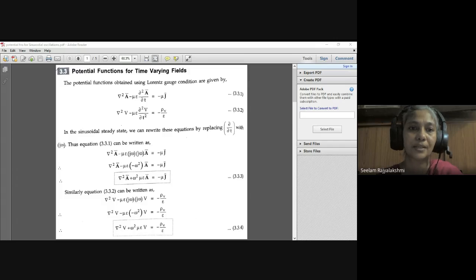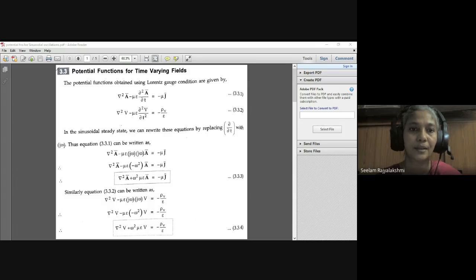In the sinusoidal steady state, we can rewrite these equations by replacing del by del t with j omega. Consider equation 3.3.1: del square A bar minus mu epsilon del square by del t square A bar equals minus mu J bar.